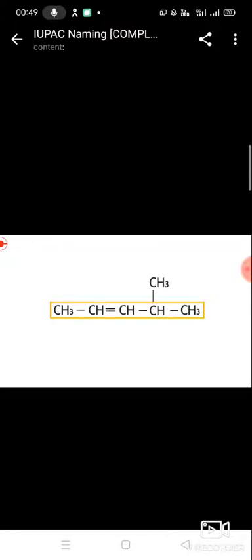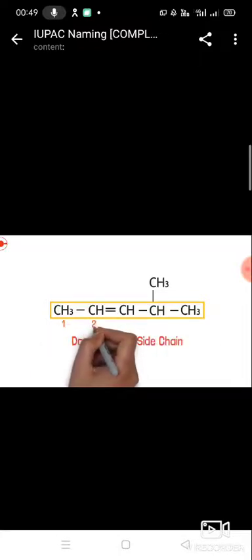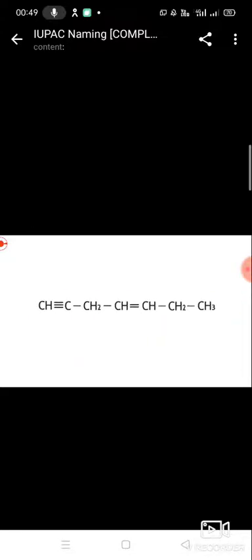In this, a double bond is present. So what happened? You have to select the chain which has the double bond as a straight line. So in the double bond you have to include it in a straight line. So which one will you choose as a straight line? Carbon atom is present in the second one.